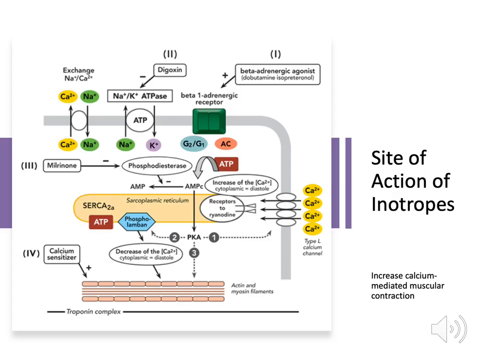And then drugs such as calcium sensitizers, such as levosimendan, actually act at the level of the sarcoplasmic reticulum to make the troponin-tropomyosin complex more sensitive to the calcium within the sarcoplasmic reticulum. So you get greater contraction for the same amount of calcium.